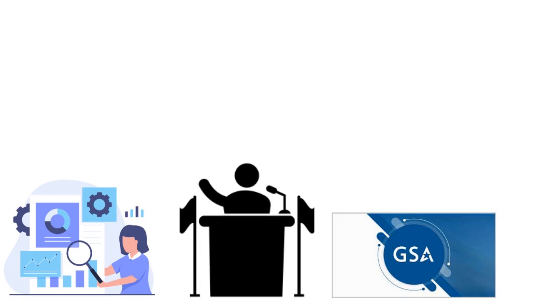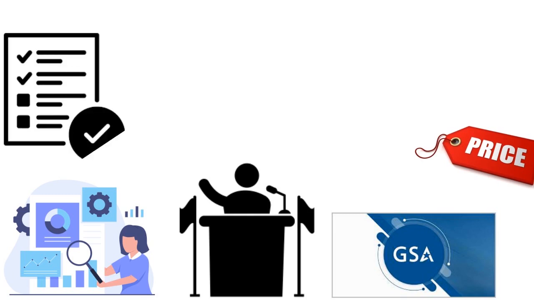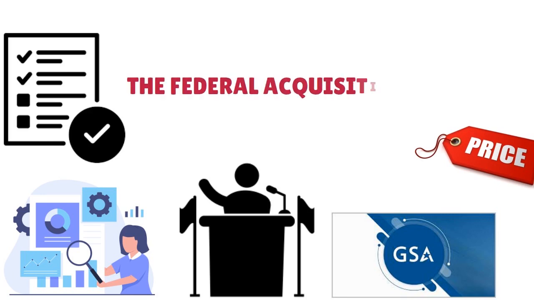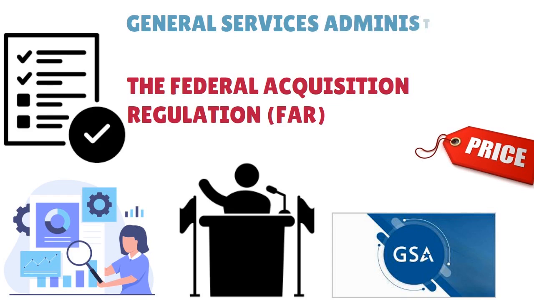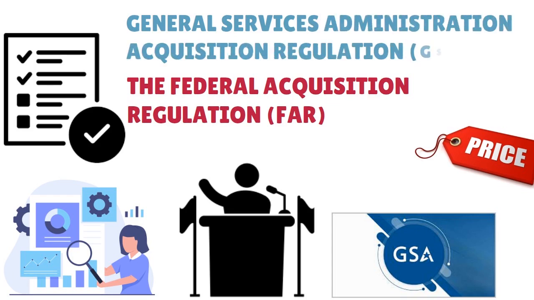The thing is that the government is always making sure that they're getting the most fair price, the fairest price. Okay, so you want to familiarize yourself with the relevant regulations, such as the FAR. FAR is the Federal Acquisition Regulation, but also the GSAR, the General Services Administration Acquisition Regulation.